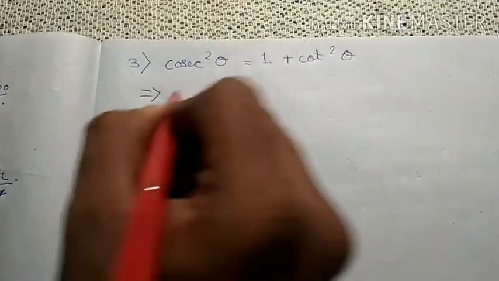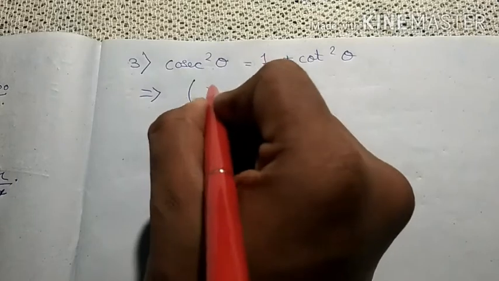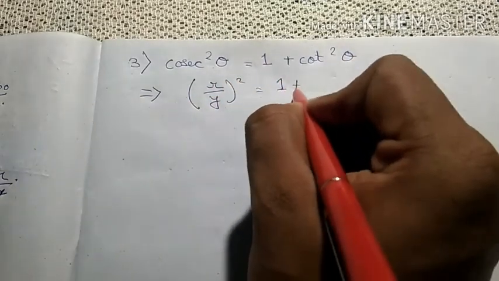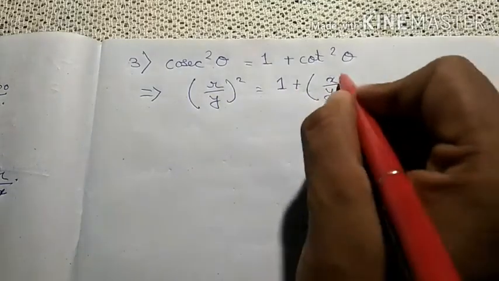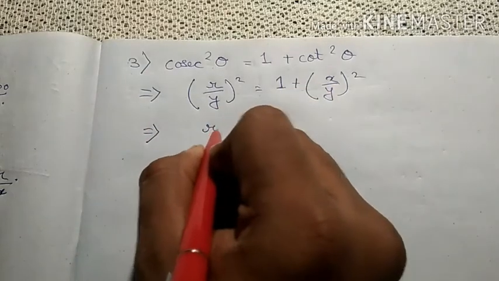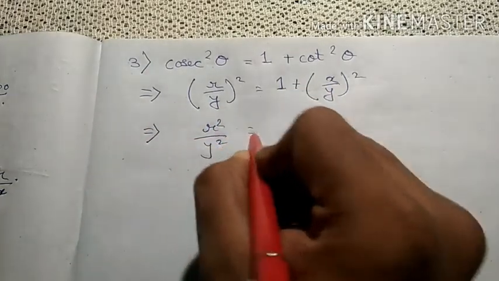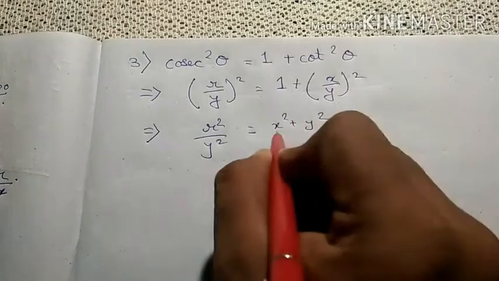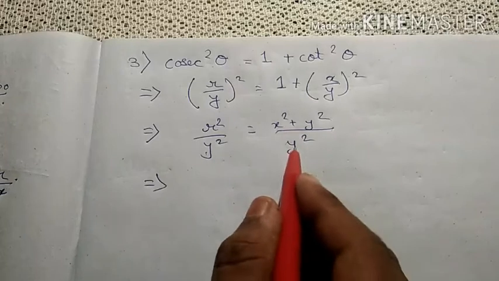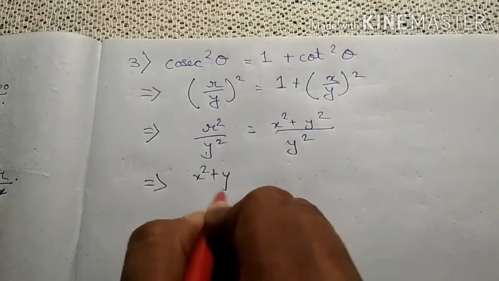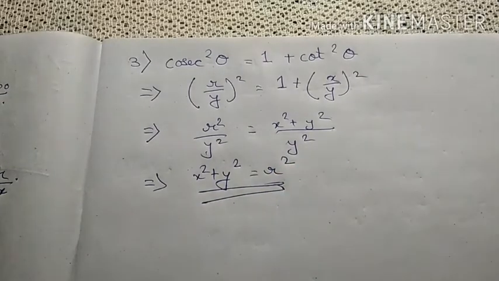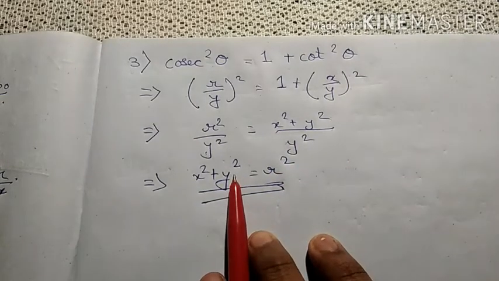From the above ratios we can put the values: cosec was r by y, so (r by y) whole square equals 1 plus (x by y) whole square, that is, r square by y square equals (x square plus y square) by y square. The y square in the denominators cancels out, so we are left with x square plus y square equals r square, which is again the statement of Pythagoras theorem.